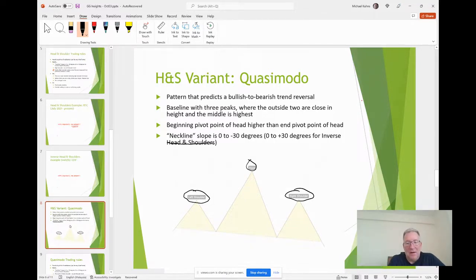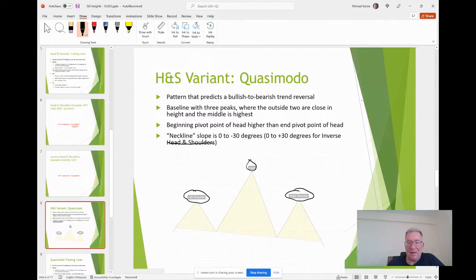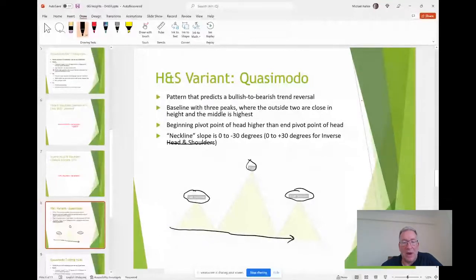But you note that this head and shoulders looking thing is actually sloping down. The neckline slope in a Kazimoto is 0 to negative 30 degrees. And what you really have is a lower low and a lower high compared to the head.